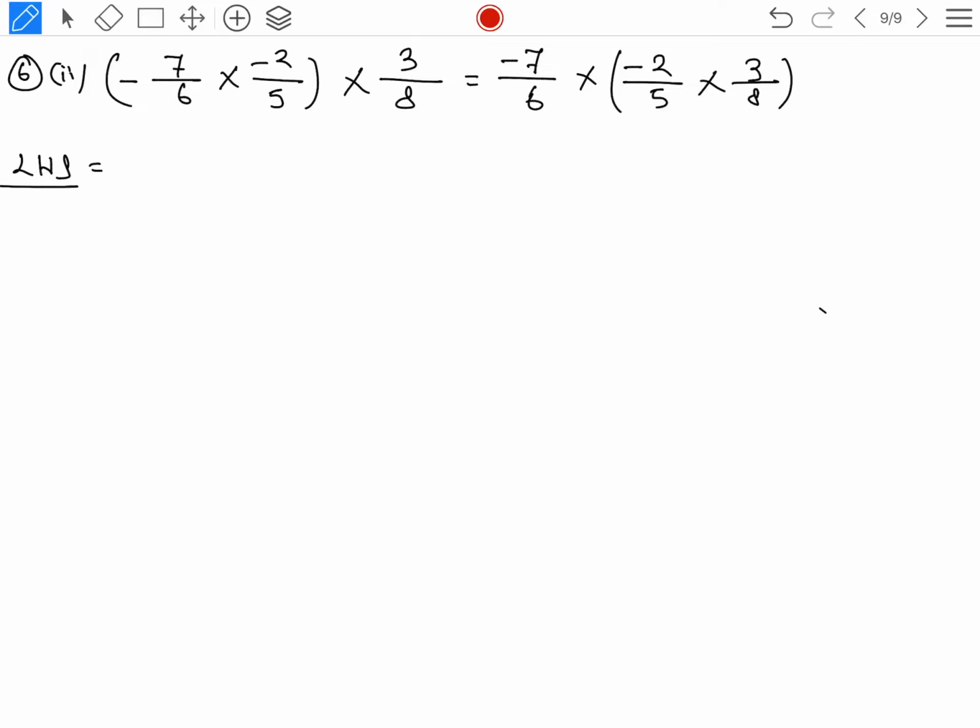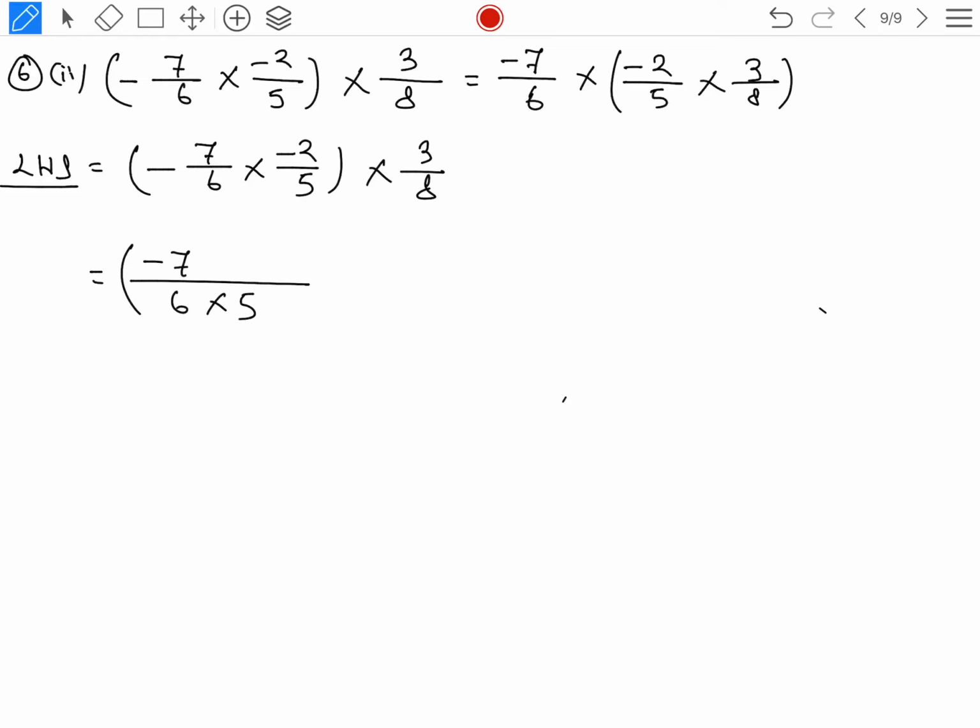Okay, so we'll solve this one, we'll verify this one. Left hand side it is given minus 7 by 6 into minus 2 by 5 into 3 by 8. Okay, if we solve this one, solve it from the bracket first. In the bracket it is given 6 into 5 in the denominator, minus 7 into minus 2. Always take the negatives in the numerator. Okay, into 3 by 8.